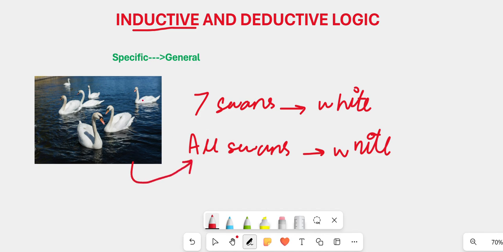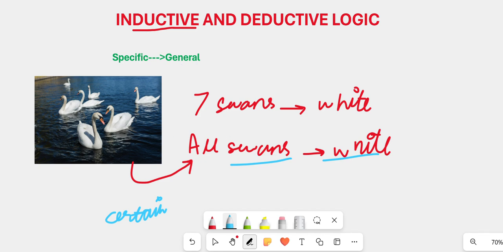So this is what inductive reasoning basically is. Now, the result of an inductive reasoning is not certain because it can be true, it can be false, but it's not certain that it's correct or not.